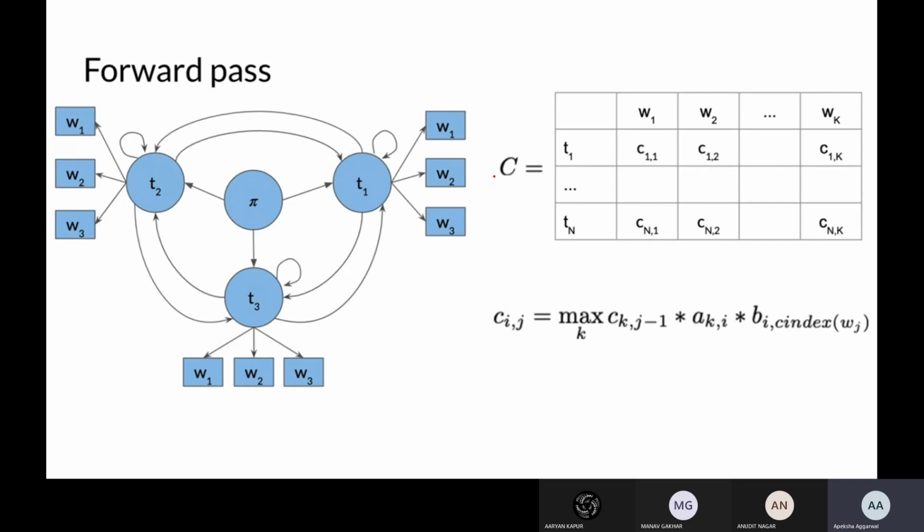Next is the forward pass. Let's see. To calculate this value, I require this value, right?